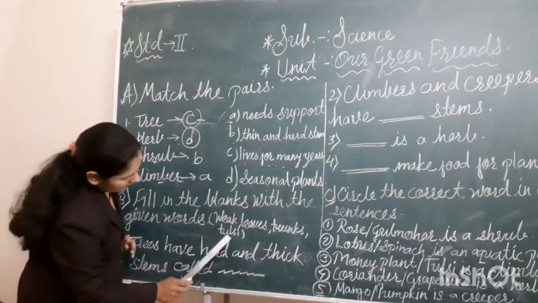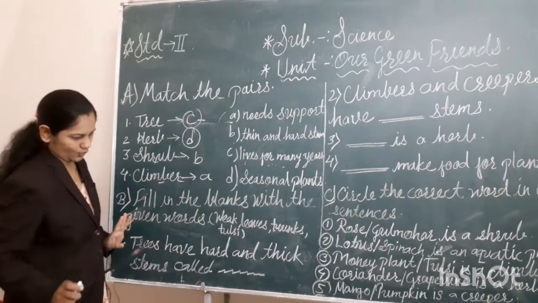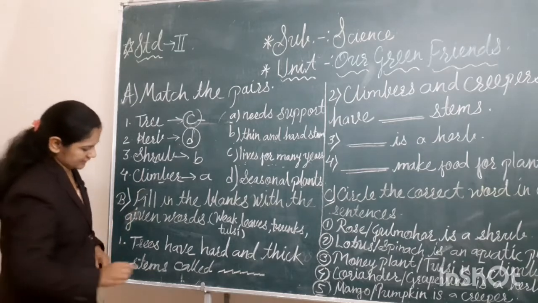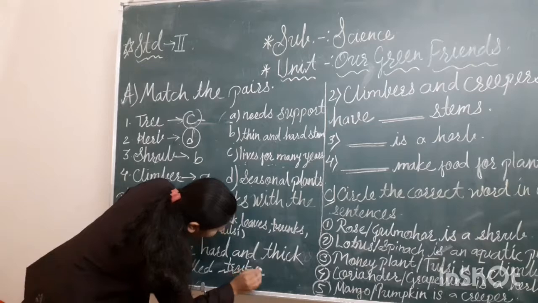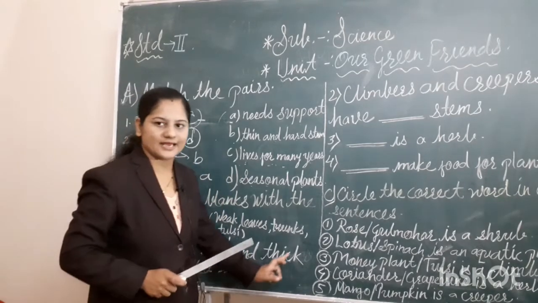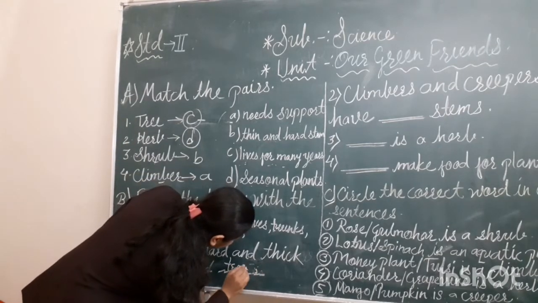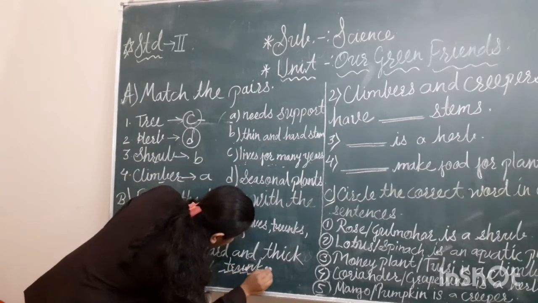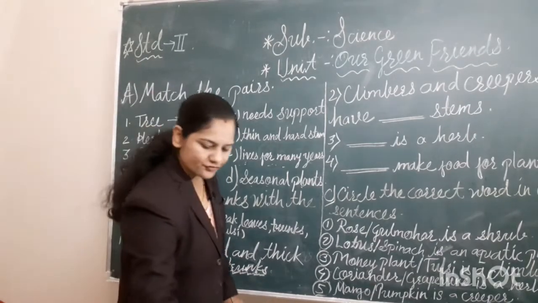Trees have hard and thick stems called dash: wick, leaves, trunks. A big plant is called a tree, and trees have hard and thick stems called the trunk. That big, hard and thick stem is called the trunk.